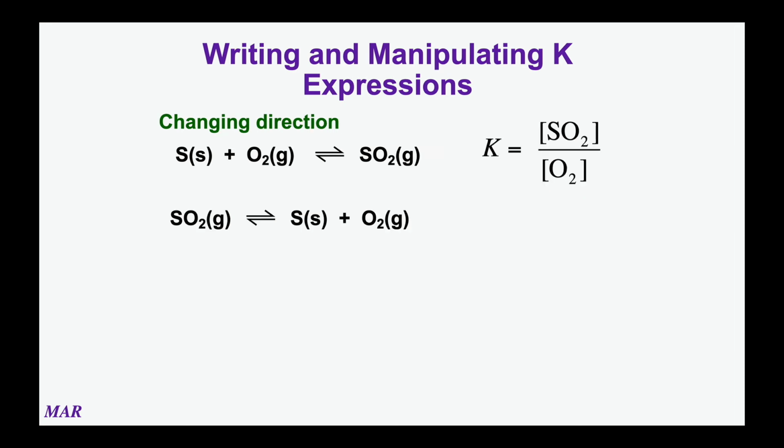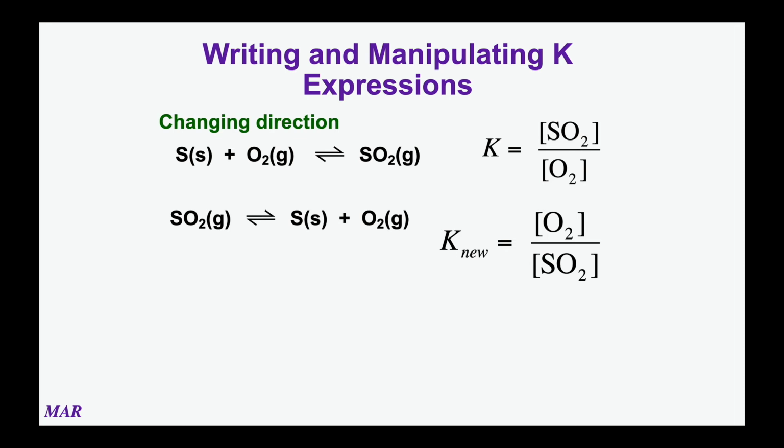Finally, you can also change direction of an equilibrium constant. So instead of thinking about sulfur plus oxygen going to sulfur dioxide with K equals SO2 divided by O2, again, remember to keep the solids and liquids out, let's say we wanted to reverse it, and we wanted to think about it from sulfur dioxide's perspective, breaking down to sulfur and oxygen. Okay, no problem at all.